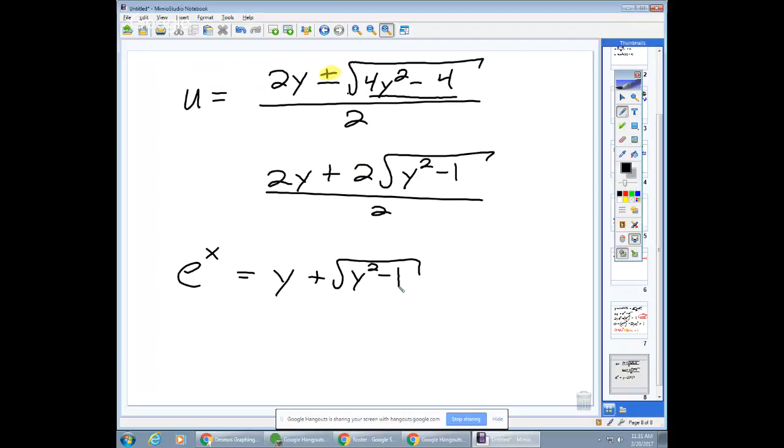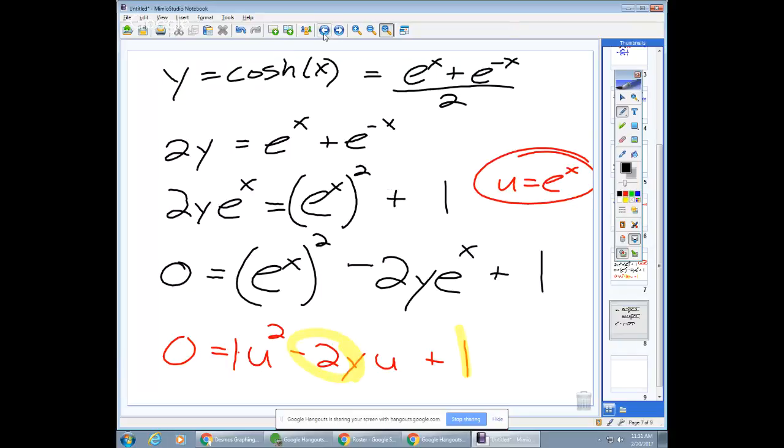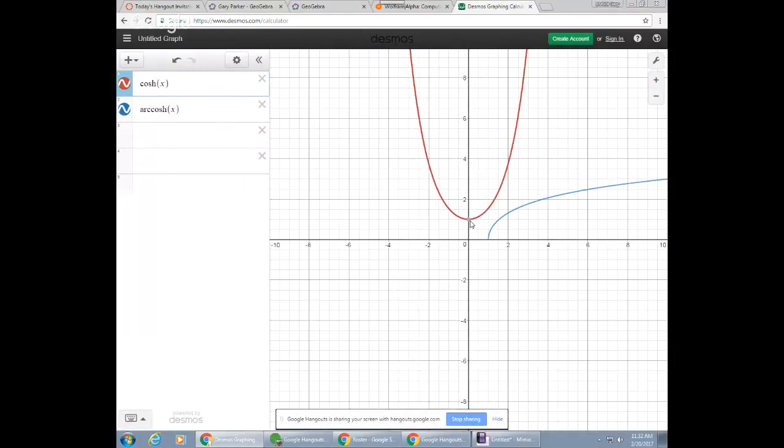And just a couple of notes from the graph. I need Desmos. Where are you, Desmos? You can tease this out of playing with the e to the x's. Here we have a domain of all real numbers.